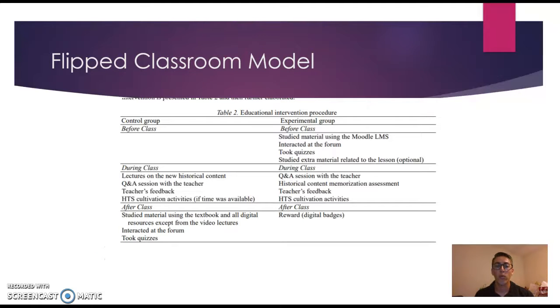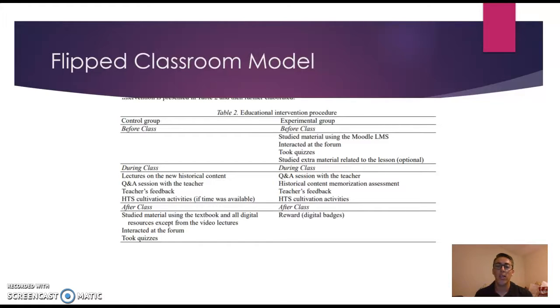A visual breakdown of what this looked like: we had two groups. The control group did more of a traditional approach, nothing before the class, then lectures with the Q&A, and then, if they had time, activities that practiced their historical thinking skills. Whereas the experimental group did all of the quizzes and discussion boards.